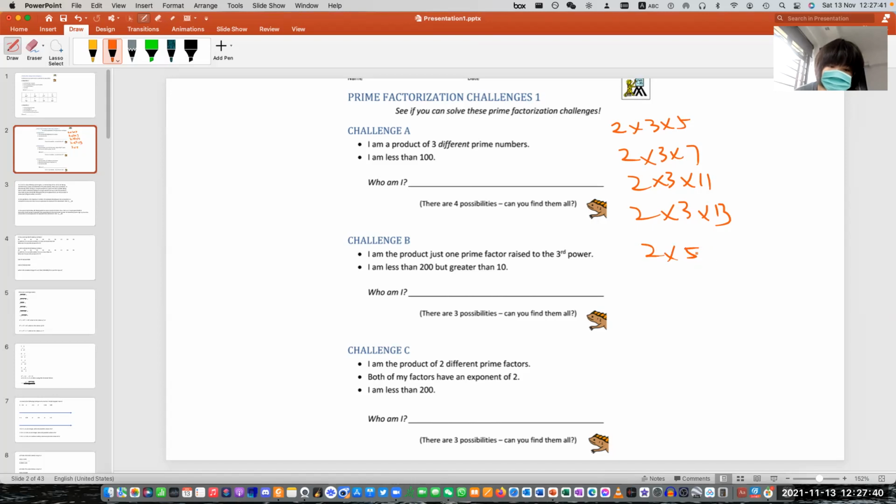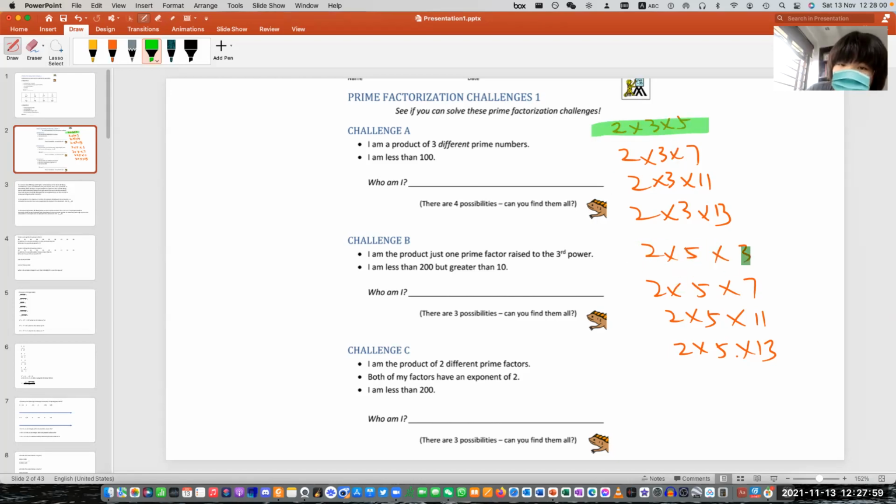If you have 2 times 5, then you have this, and this, and this. What you realize here is that 2 times 3 times 5 is already here, so you should not take 2 times 5 times 3. You just arrange them in a different order, so you cannot take 2 times 5 times 3 because they are the same.